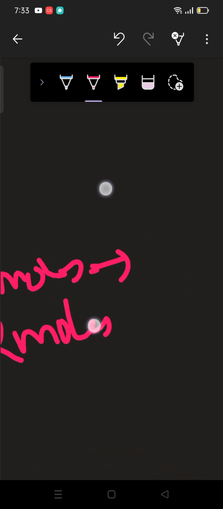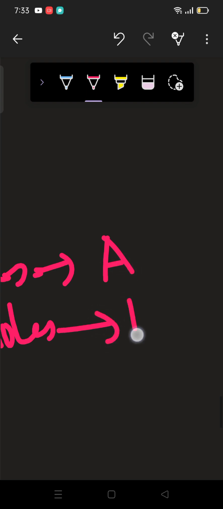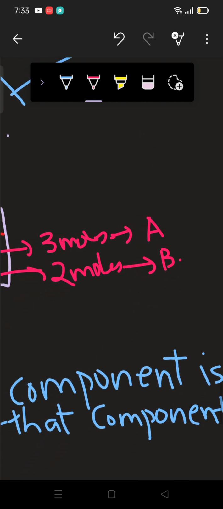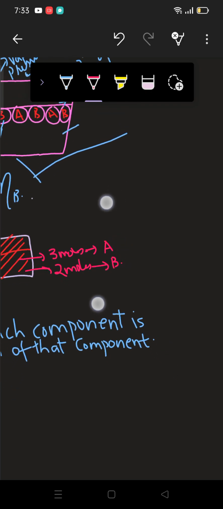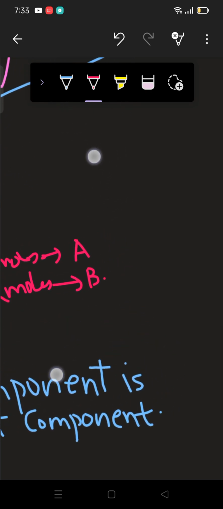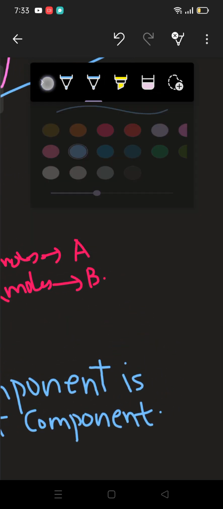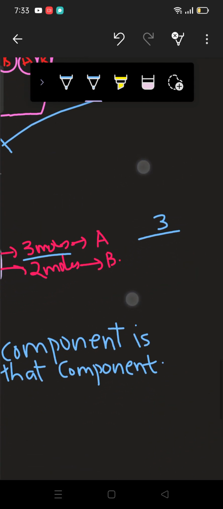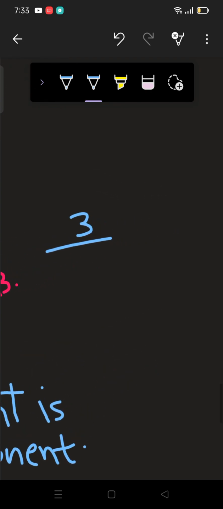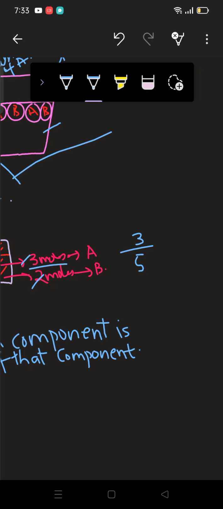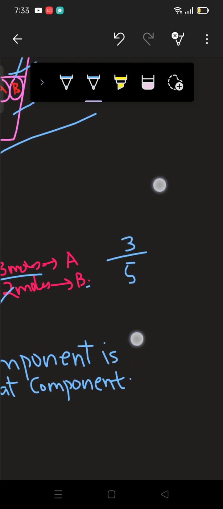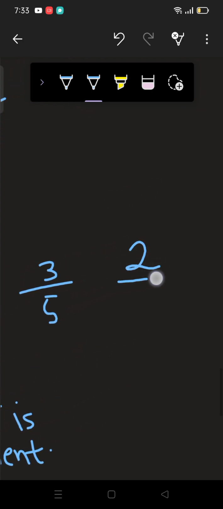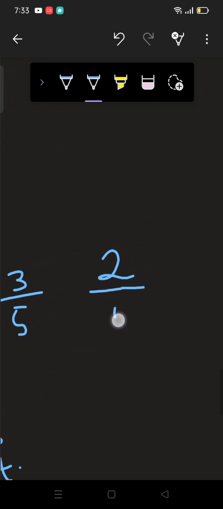This is A, this is B. So A has 3 moles, B has 2 moles. If they ask you to find the mole fraction of A, you use 3 in the numerator and 3 plus 2 in the denominator. So 3 plus 2 is 5, right? And if you want to find the mole fraction of B, put the B moles in the numerator, which means 2, and 3 plus 2 is 5.